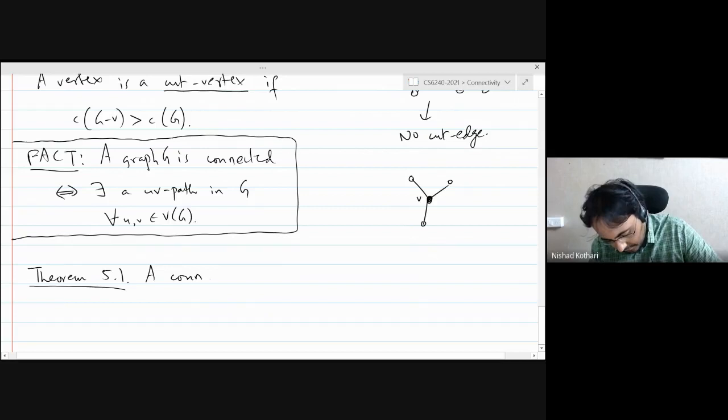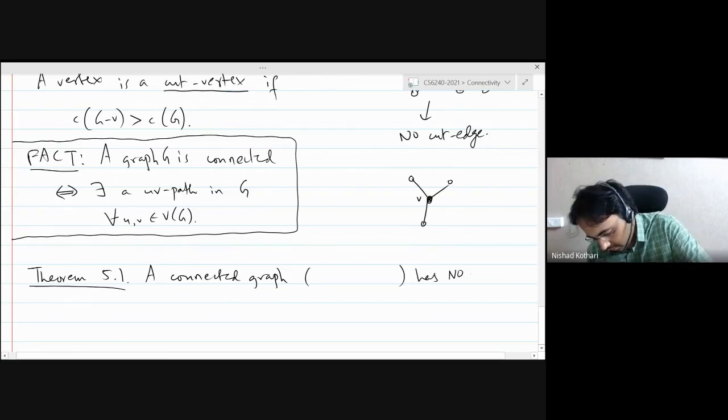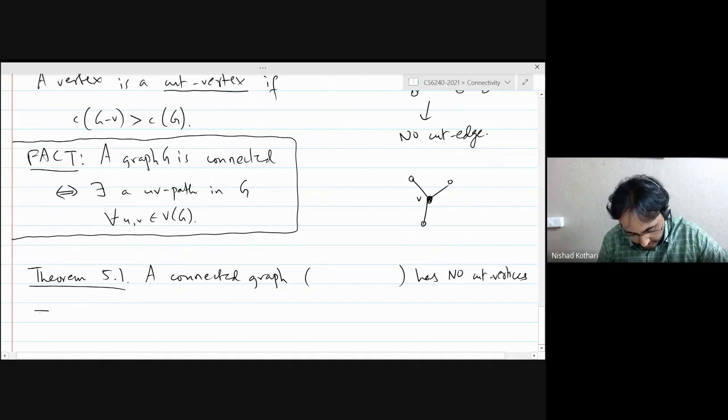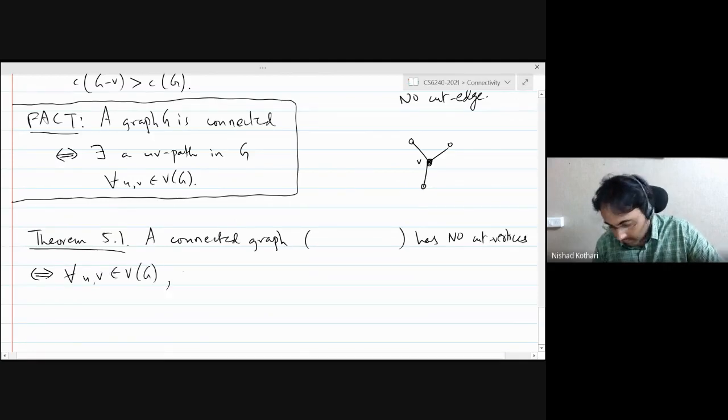A connected graph has no cut vertices if and only if for any two vertices there exist two internally disjoint paths. So instead of one path, we are going to talk about two paths that are essentially disjoint. We call them internally disjoint.